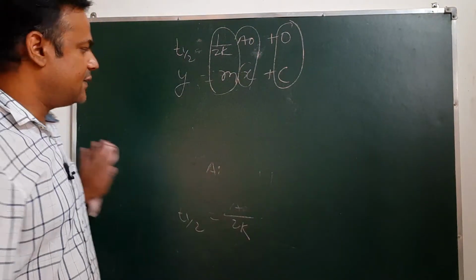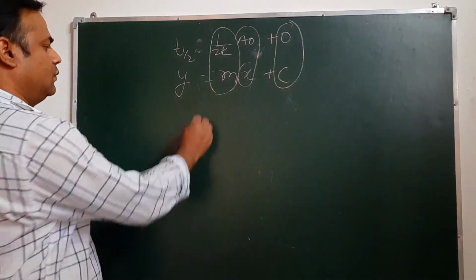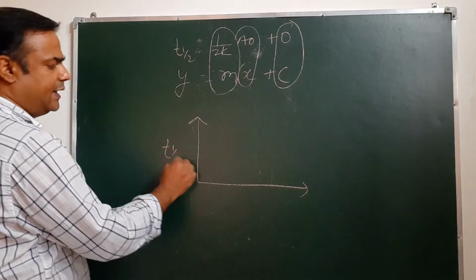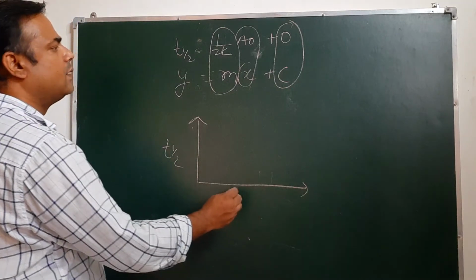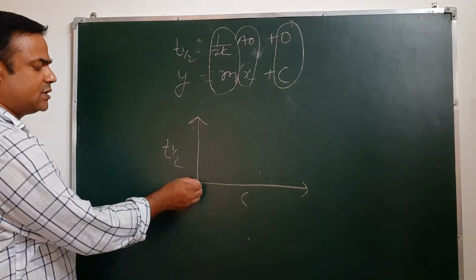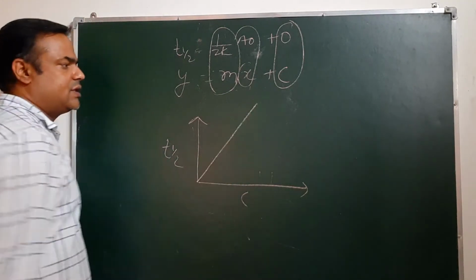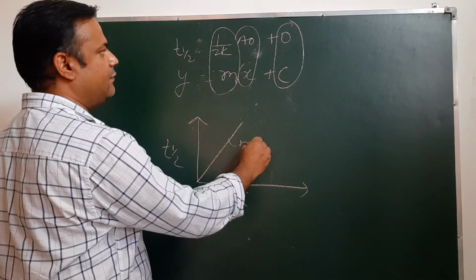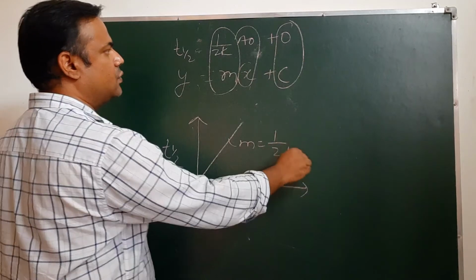Now if we plot the graph between T half and concentration, this graph will be a straight line passing through the origin, and the slope m of this graph will be equal to 1 by 2K.